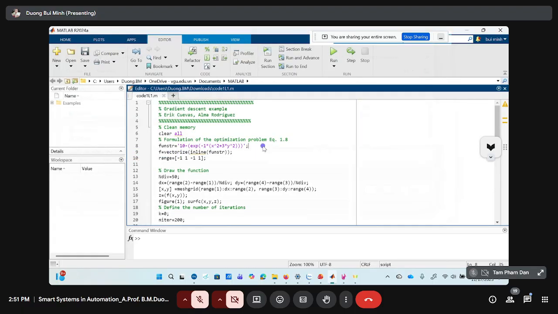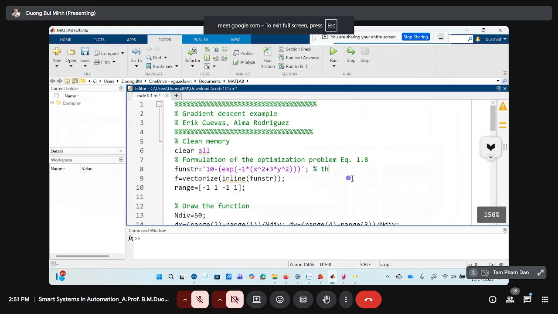So this is the objective function, right? Sorry, maybe I zoom.